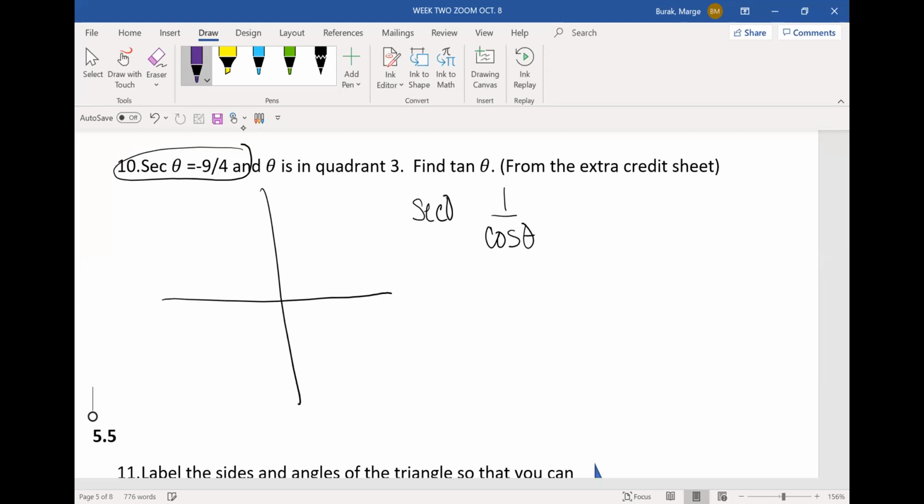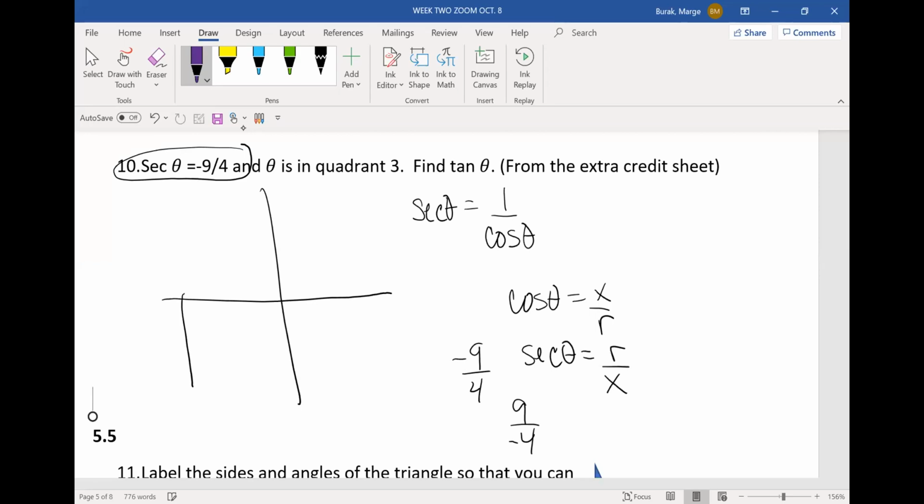Cosine is x/radius, so secant is going to be the radius over x. Now, we know that we have a 9 and a 4, and one of them is negative. So we know it's -9/4, but it could be 9/-4. We just don't know. So we've got to put it in quadrant 3.